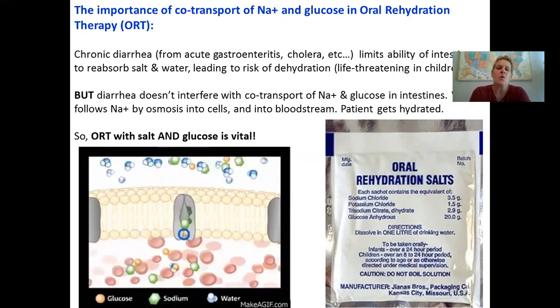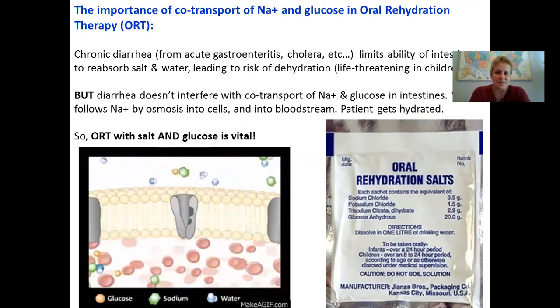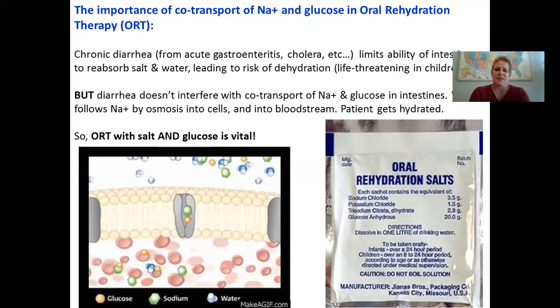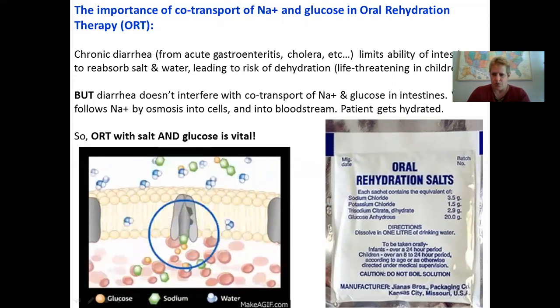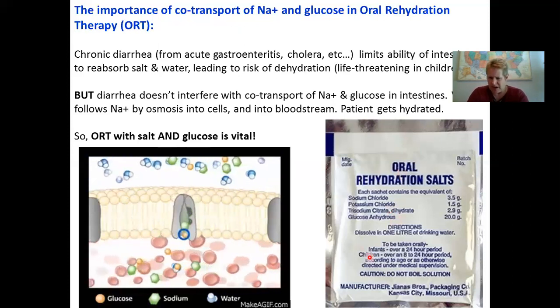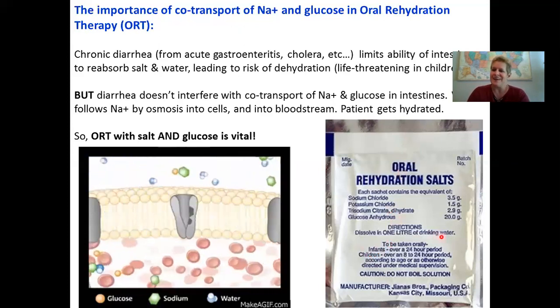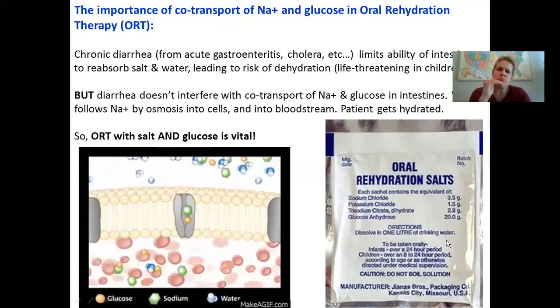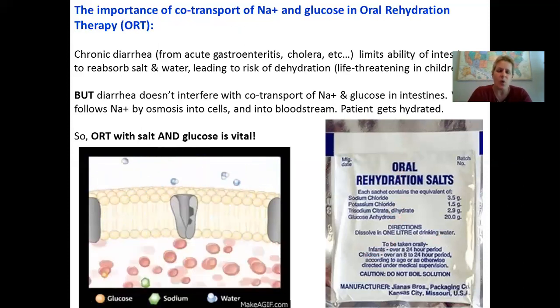Okay. Oral rehydration therapy. Okay, now I've got a picture of oral rehydration salts here. All right, it's a packet. You basically put 1 packet in 1 liter of drinking water, and it's going to hydrate someone better than just a glass of pure water.